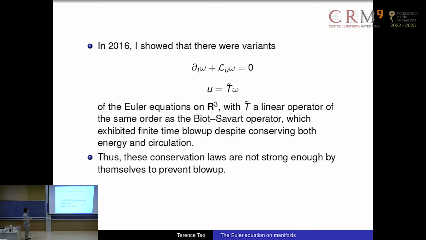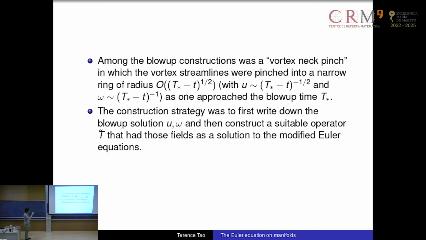It's not quite as simple as it sounds, but that's the idea. I write down a blow-up ansatz and then I find the law. It's a vortex neck pinch example, but maybe it's easier to explain using a picture.